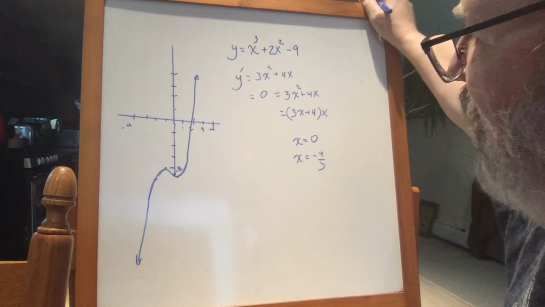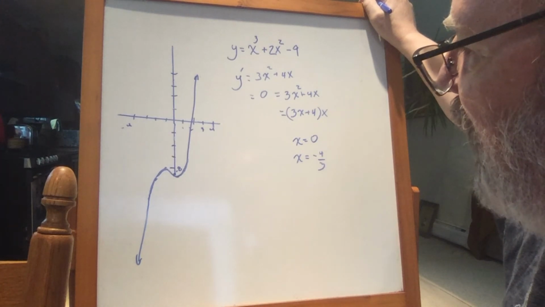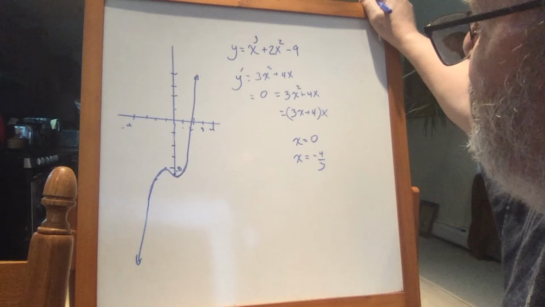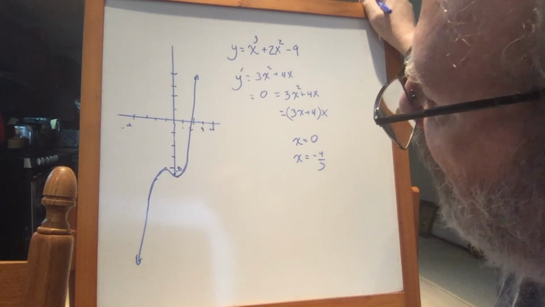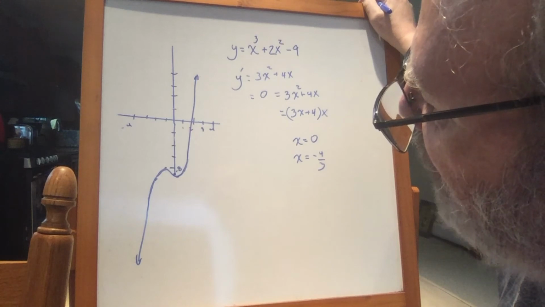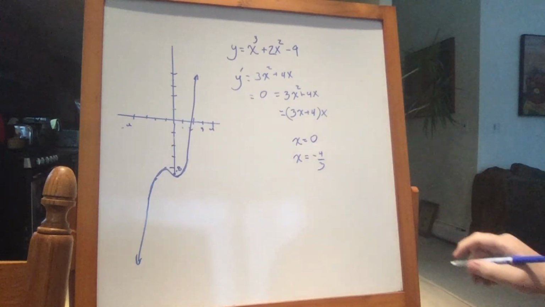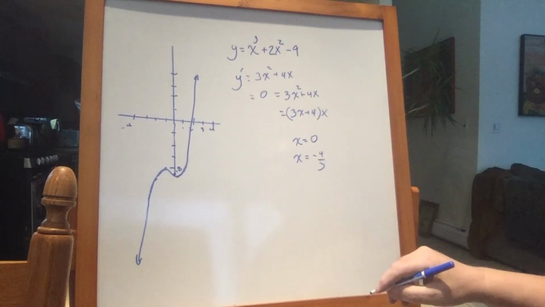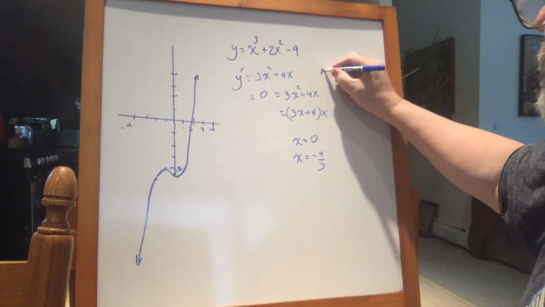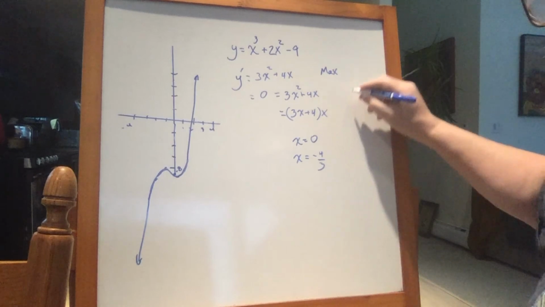So these are maximum and minimum points. Okay, so that's our minimum. That's what setting the prime to 0 gives us, maxima and minima.